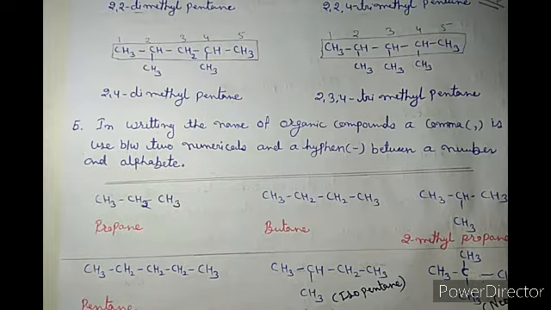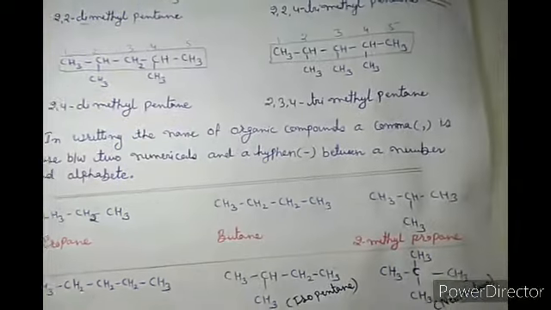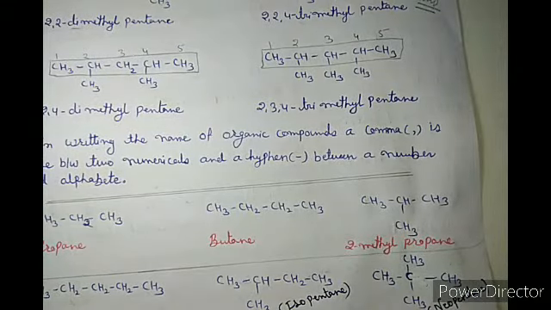Got it? Now this one, here 3 methyl groups are attached at the second, third and fourth, so its name becomes 2,3,4-trimethylpentane.